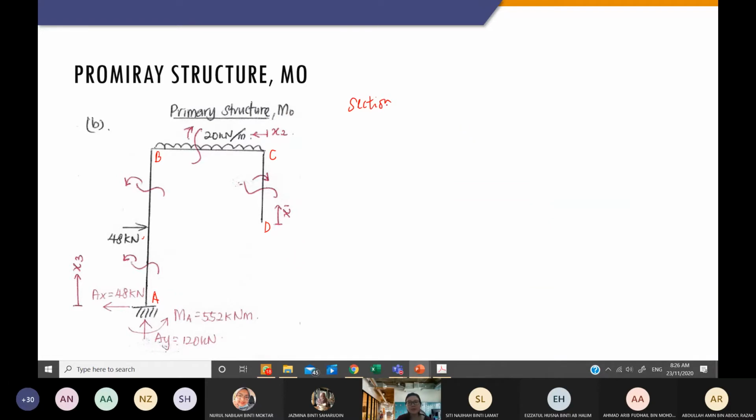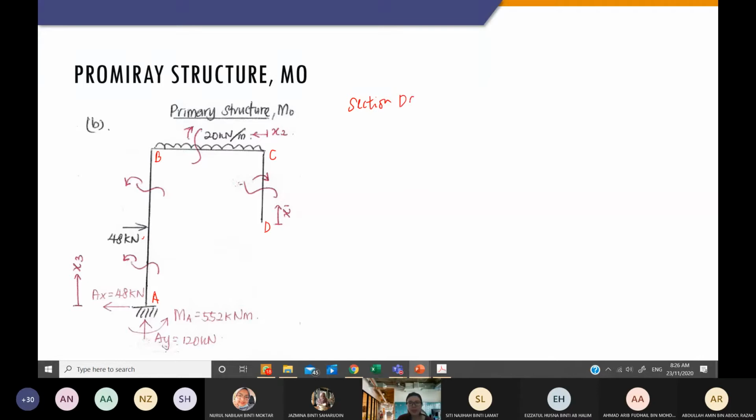Normally I would just directly solve it here, but for the first example I'm going to show you a bit more slowly. I'm going to draw the free body diagram, but still solve for it directly.